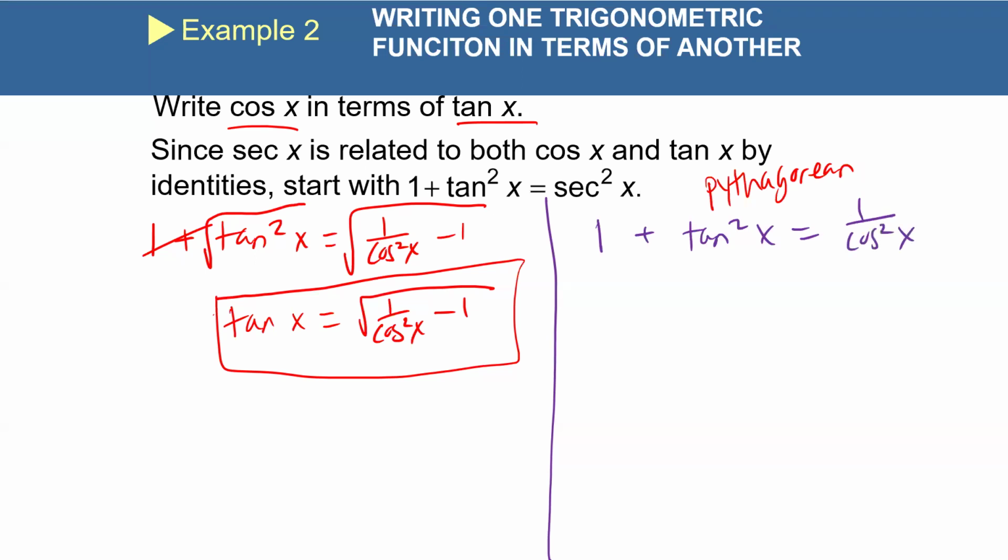What steps would I take to get cosine by itself? We have to multiply, right? Agreed? So we multiply both sides times cosine squared. So we get cosine squared x times 1 plus tan squared x equals 1.